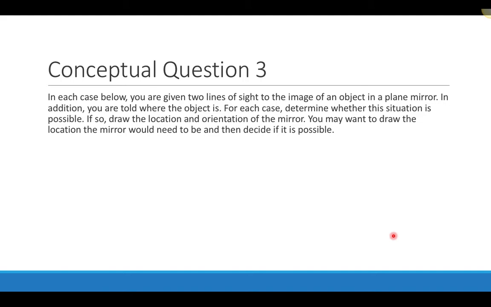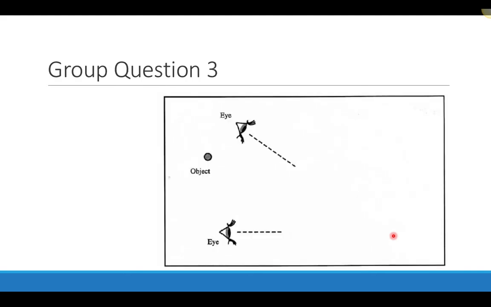I'm reading this question, and you don't have a picture to go by. So here's the picture, and this is what I have. I have the lines of sight for two eyes, and what they are seeing is an image location. Both of these eyes are seeing the image, and a ray of light is coming to their eyes along those lines, and here is where the object is located.